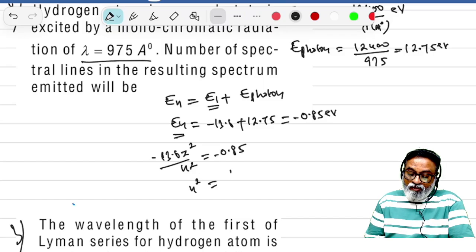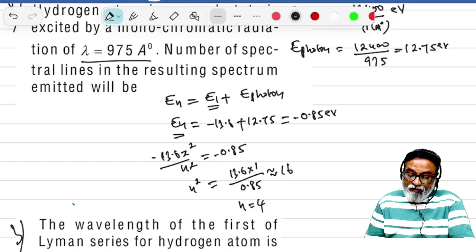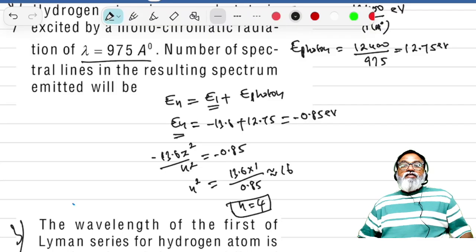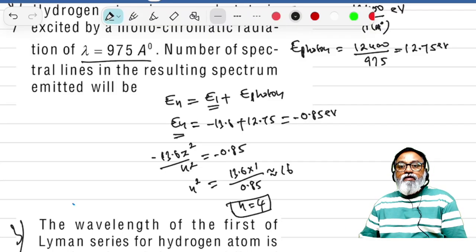Therefore, n square is equal to, here Z is 1 for hydrogen, 13.6 by 0.85, approximately 16. Therefore, n is equal to 4. Means this electron is excited from n equal to 1 to n equal to 4.